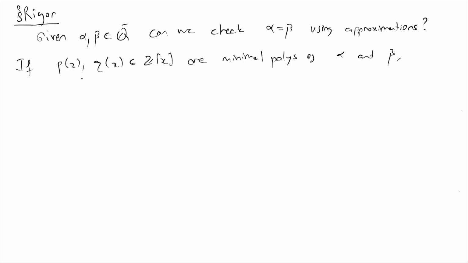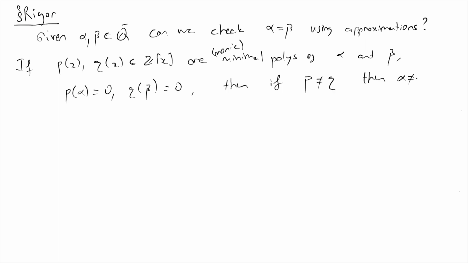So first of all, since both alpha and beta are algebraic numbers, they annihilate polynomials with, say, integer coefficients or rational coefficients, so I'm choosing alpha to be a root of p and beta to be a root of q. So the minimal polynomial, if it's monic, for example, let's say monic is usually built into the definition of a minimal polynomial, then if p is not the same as q, then already alpha is not the same as beta.